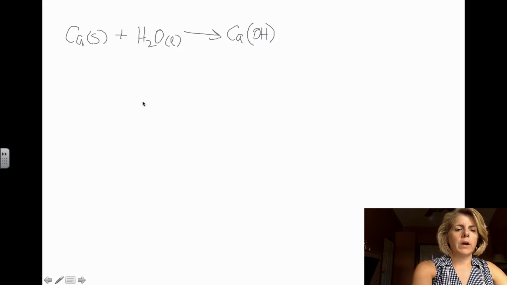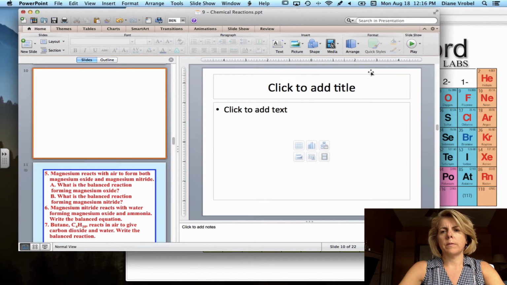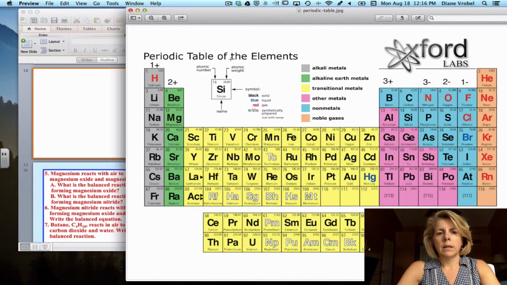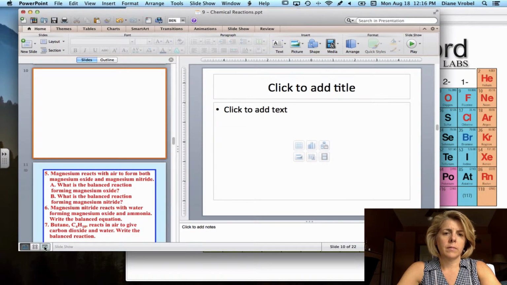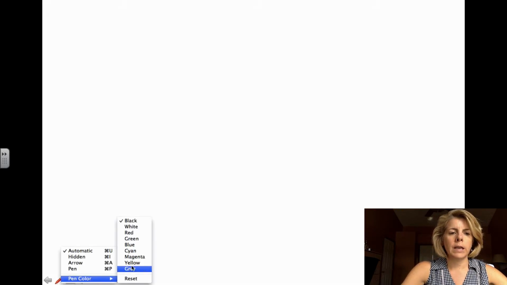Calcium, let's go to our handy-dandy periodic table. Calcium is listed in the second column here. It is a 2+ charge. So let's go back. I have to rewrite this because it forgot all my information. Okay, so if calcium hydroxide is a 2+ charge, let me just rewrite this.